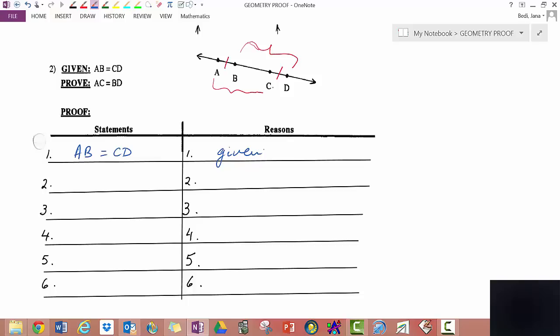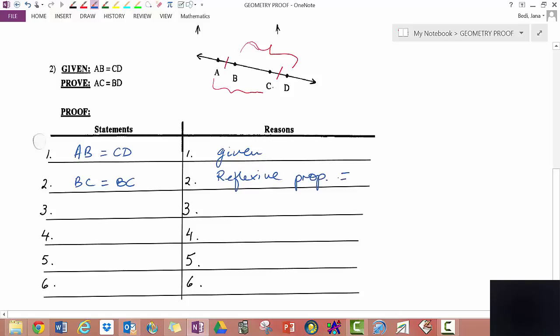So AB equals CD. So what do I need to do now? I need to add BC to both of them. So how am I going to do that? First thing I'm going to do is say BC equals BC, and that is the reflexive property of equality. Aha! How about if I add AB and BC and CD and BC?